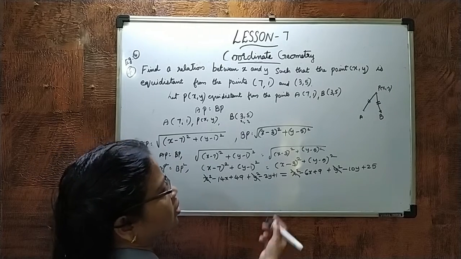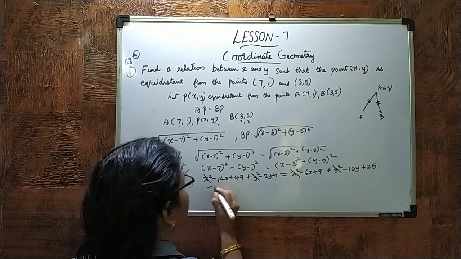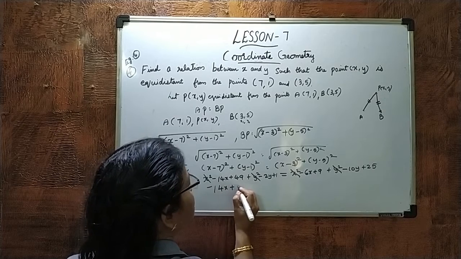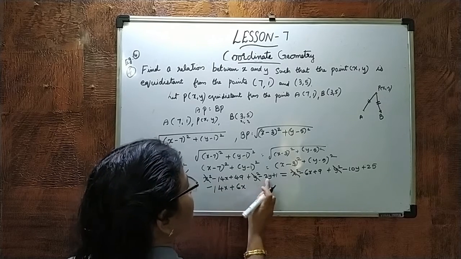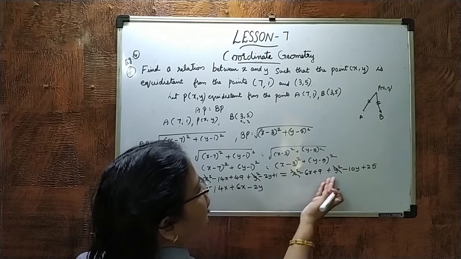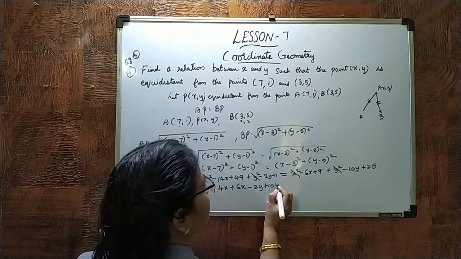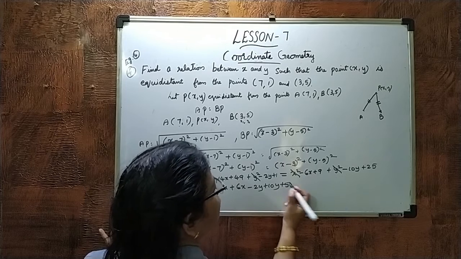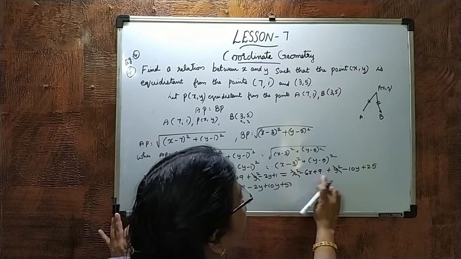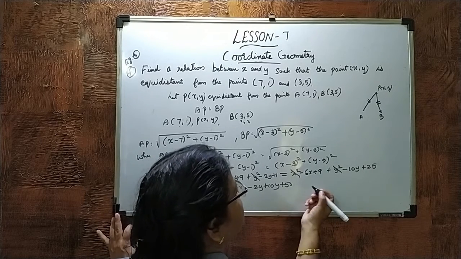The balance is what? Here it is negative 14x plus, now take the x term to here, it will be plus 6x. Then the y term is minus 2y, here plus 10y. Then 49 plus 1 is 50, plus 50, here it comes here, 25 plus 9, 25 plus 10 is 35.